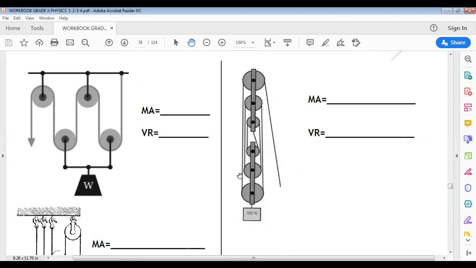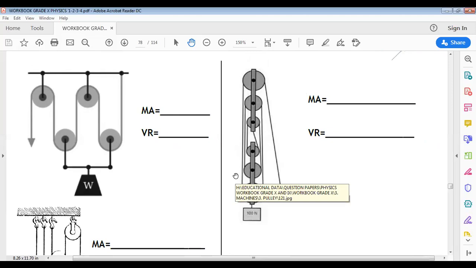Now just one small thing you have to remember is how to do the winding. You have to be very careful when you are doing the winding. You have to always do the winding from outside and not from inside. If the number of pulleys are same as the MA and VR we have been asked, then you put the effort in a downward direction.